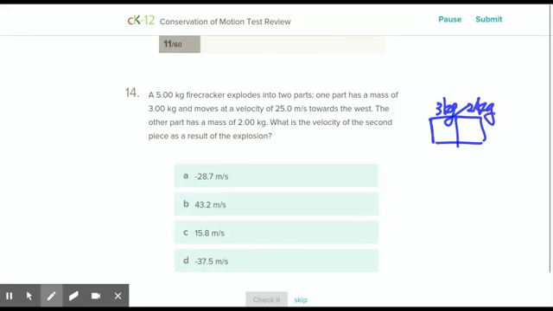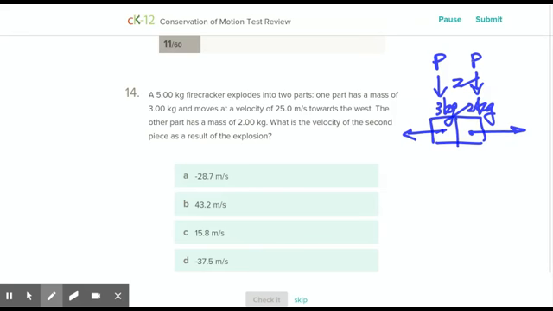If you ever played with a firecracker before, you know when it explodes, if one part goes to the west, then the other part should go in the opposite direction. Due to Newton's law, we know about conservation of momentum as well. The momentum of this part will be equivalent to the momentum of this part, right?